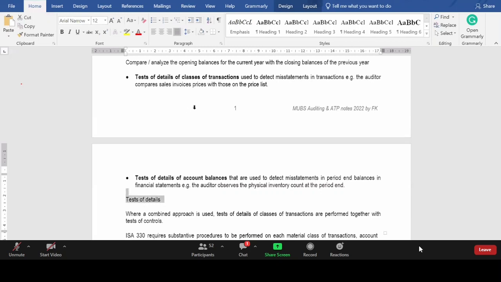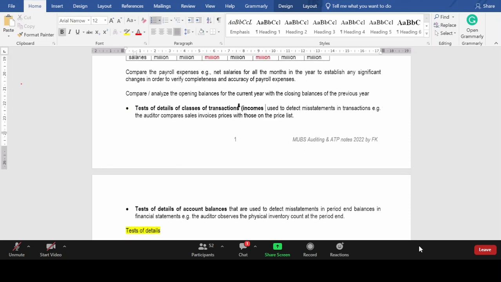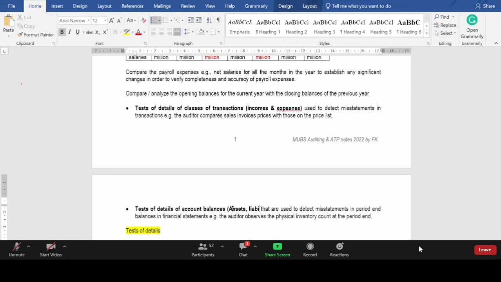We test the details of classes of transactions. Those are the incomes and expenses. And we also test the details of account balances. Those are the assets, liabilities, and equity.